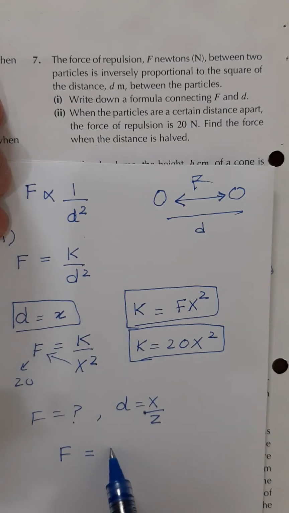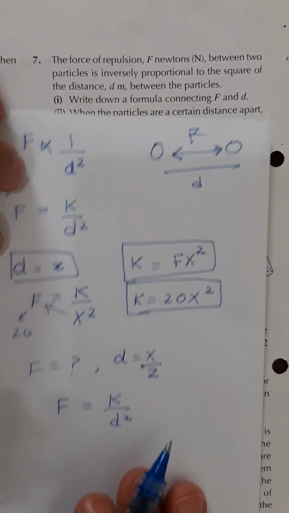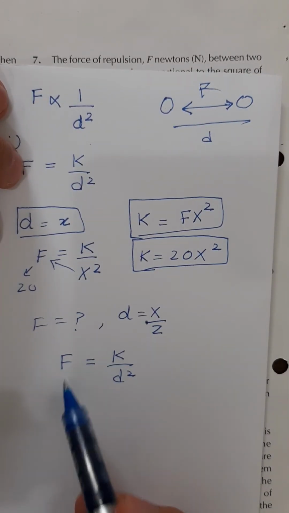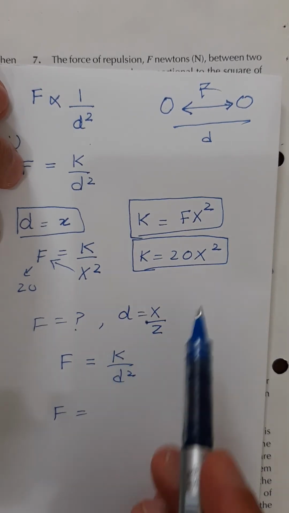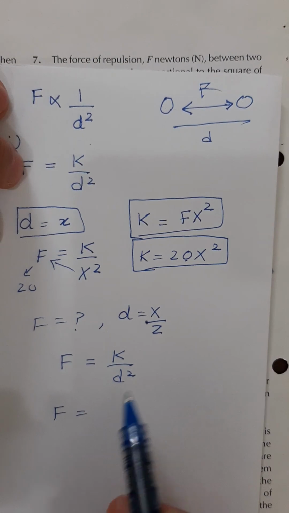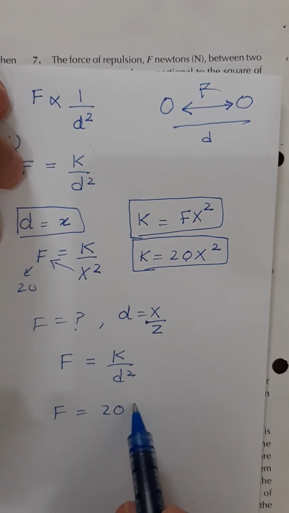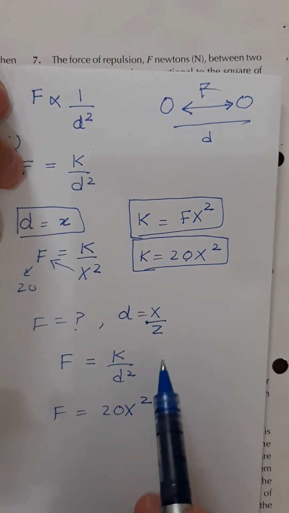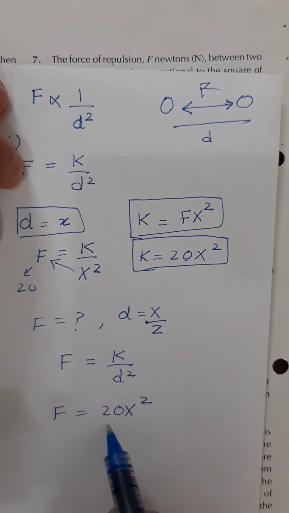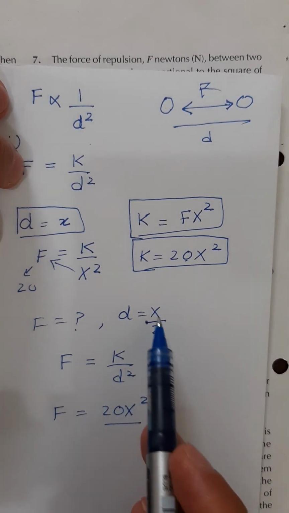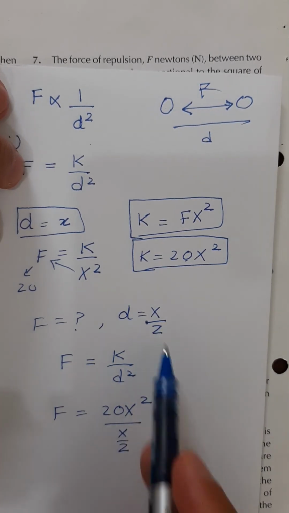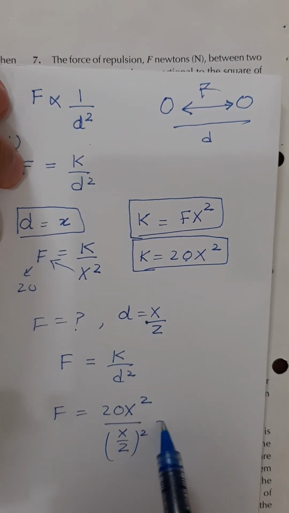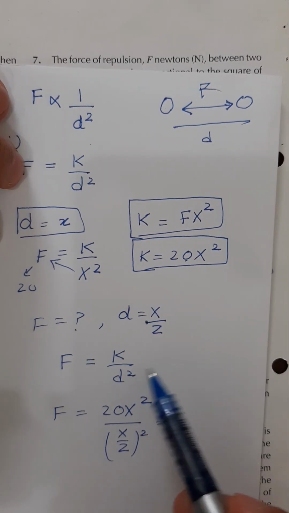F is equal to K over d square. As you know, F is to be obtained. You have the value for K, 20x square, while d is half of x. So in place of d, use x by 2 and take the square, as this is d square.